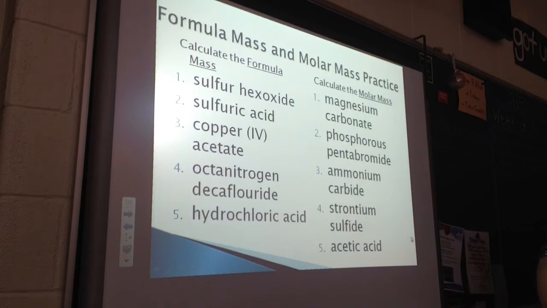Everybody put your pencils down momentarily. You're about to do this right now, the same homework. Look at the first column, 1 through 5 on the left. Calculate the formula mass.